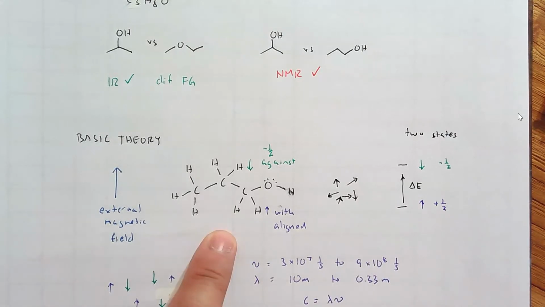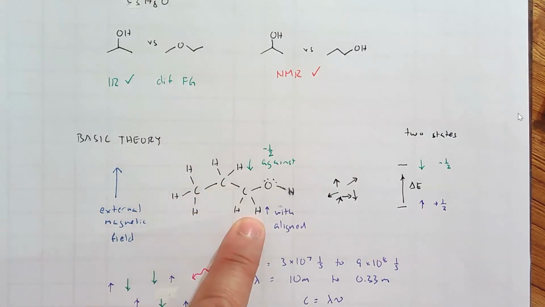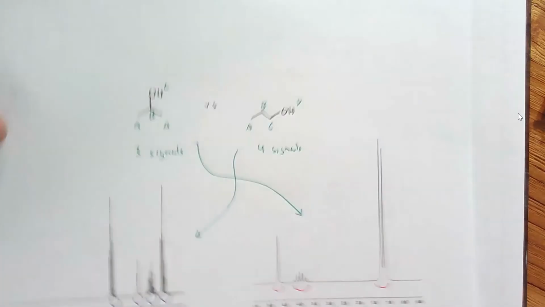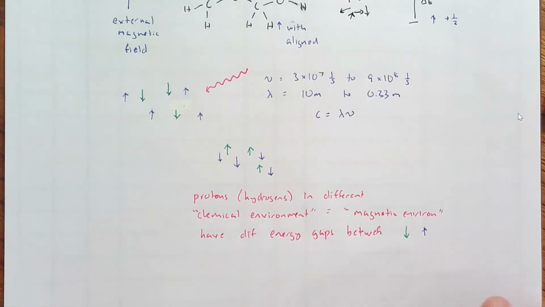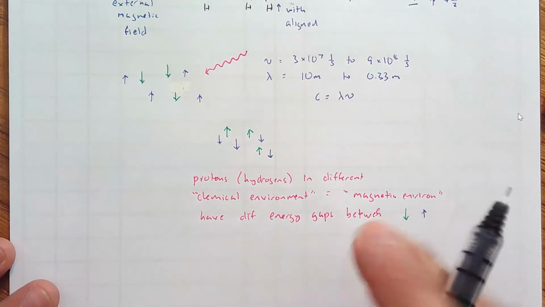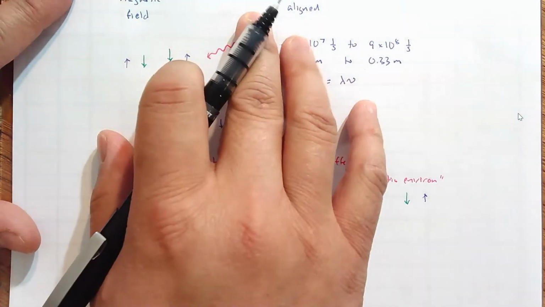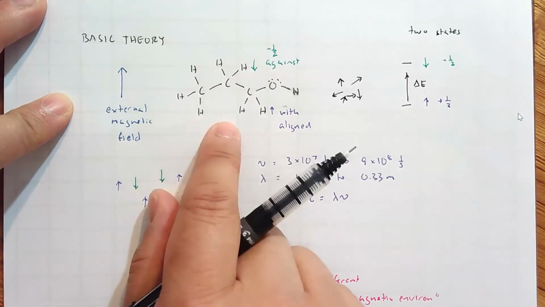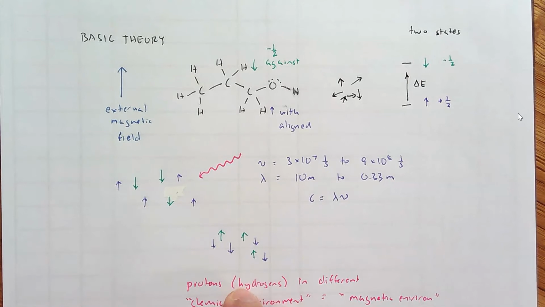And we saw with this molecule, we have four sets, A, B, C, and D. Again, these four different sets of protons will absorb different amounts of energy to flip their spins. That's what the spectrometer is measuring.